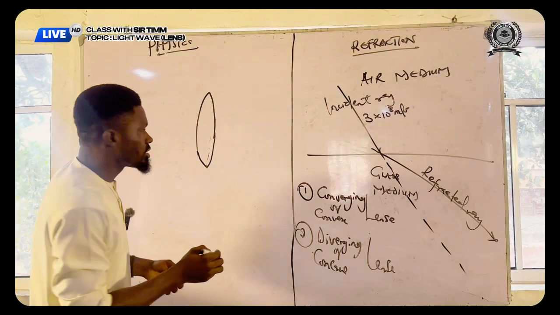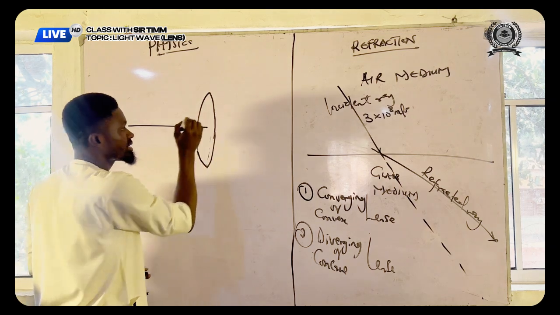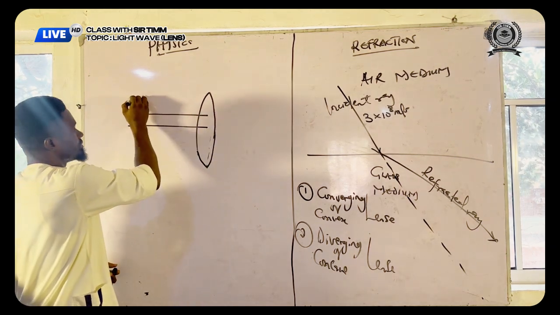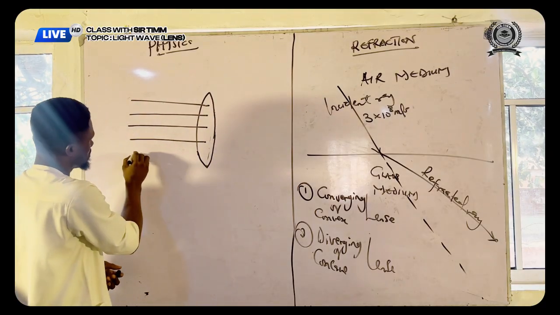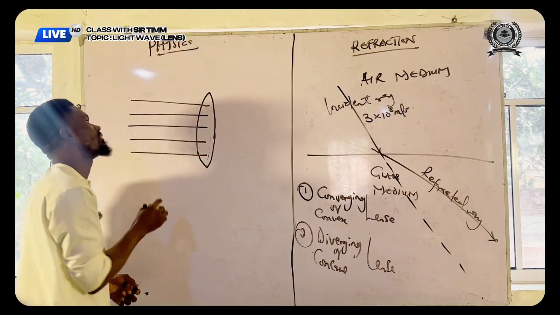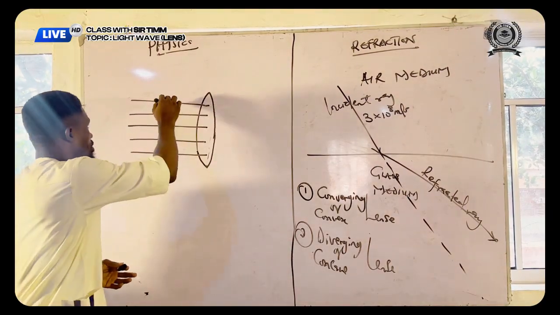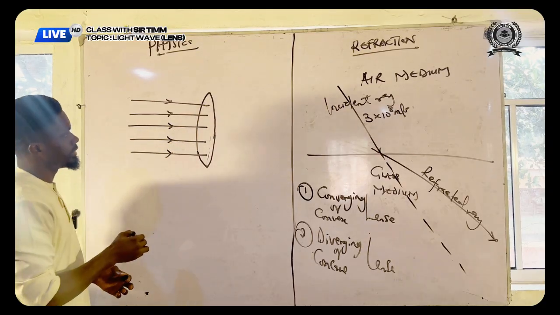Now, we found out that whenever light hits on this guy here, this guy hits here, this guy hits here, this guy hits here. Are you looking at the board? Let me have just 5 rays, a beam. So I have rays of light here.